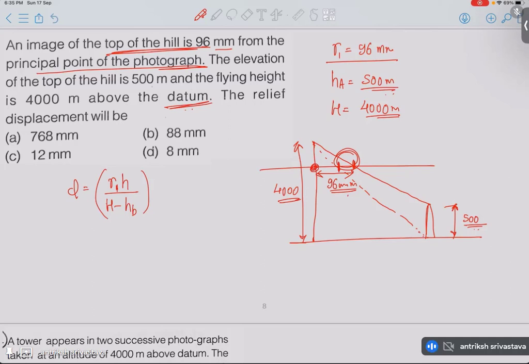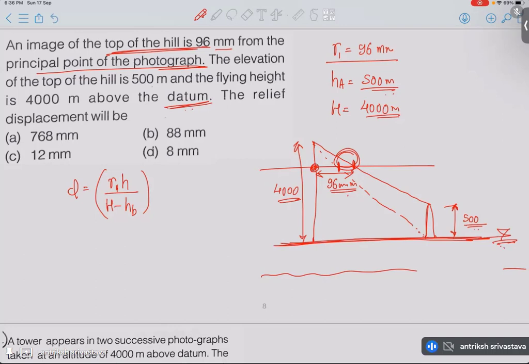For all we care, this datum can go to the bottom of the tower. Because previously when we derived, we assumed datum should be here, and then we took HB and then HA. Since in this question we are not given any information about the bottom, we might as well say that the bottom of the tower is my datum.